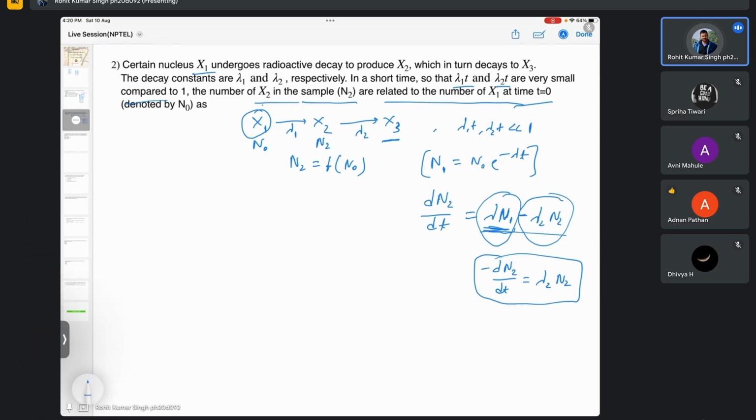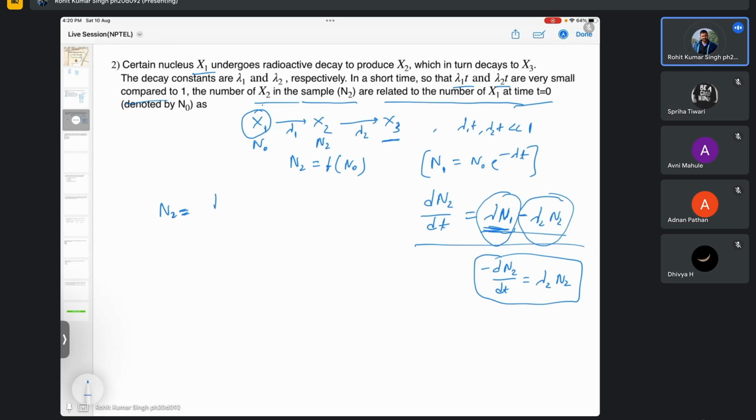If you solve this simple differential equation, you will find this expression. I think this is solved in the lectures. You can go and check, and if you don't understand, then let me know. I'll solve it again here in the next tutorial.